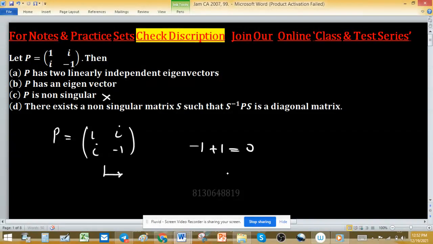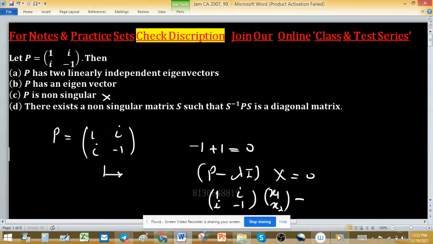It means that we can find an eigenvector corresponding to eigenvalue 0. So we have to solve the system (P minus lambda I)x equals 0. After simplifying this equation, put lambda equals 0, then we have [1, iota; iota, -1], and you can consider x as [x1, x2] equals 0.